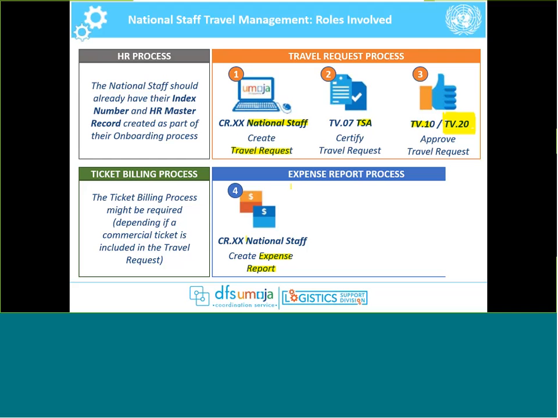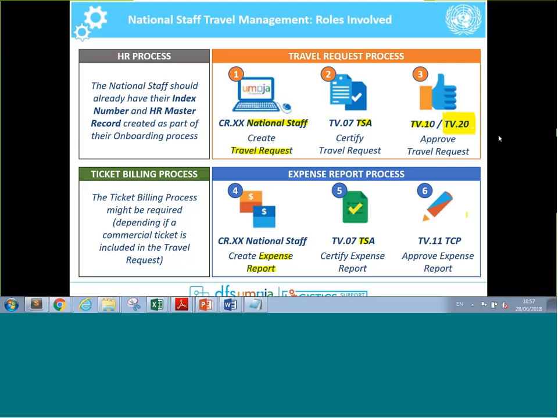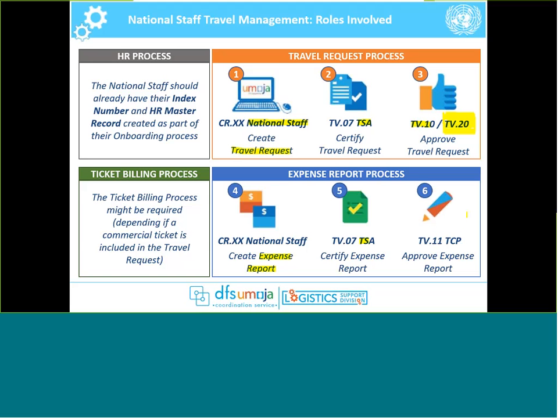And if there are changes in the itinerary, or additional expenses claimed in the expense report, the approval process remains the same: certifying officer, and later on you as a travel claim processor, who will review the claims submitted by the national staff or by the travel administrators. So the approval process for official travel has no changes in that regard. All right.